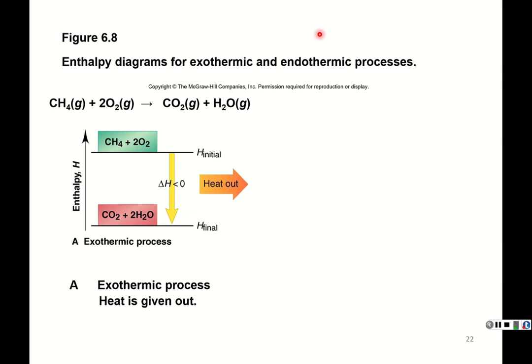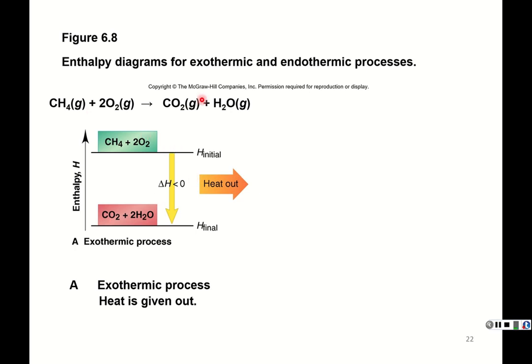So if we use our little pictures to diagram this out for exothermic and endothermic processes on a chemical level, for this reaction, methane plus O2, oxygen, going to CO2 plus water, so this is a combustion reaction of methane, the enthalpy of our reactants is going to be a higher value than the enthalpy of our products.